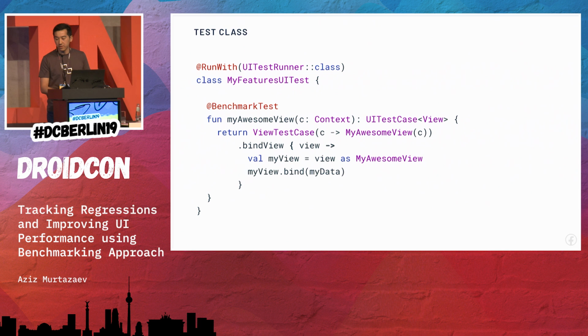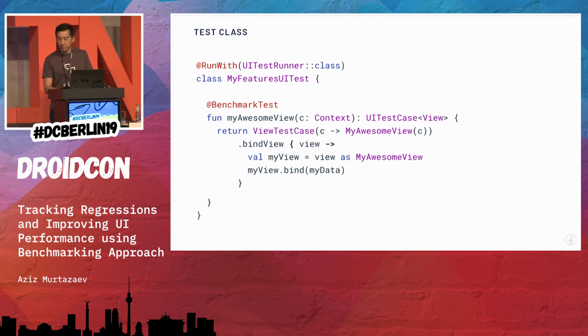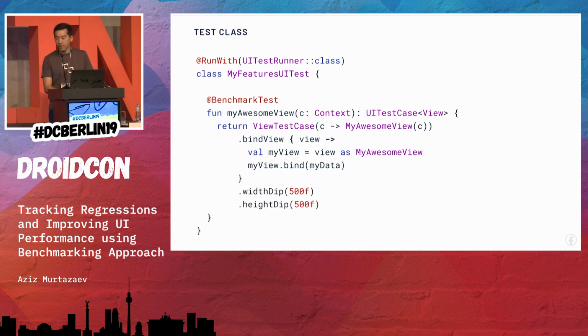It's also a lambda function that can bind your inflated or constructed view to whatever data you provided. And then there are dimensions. So basically, this is capturing information about how your view is structured and how it's bound. So we are not yet testing anything here. All the meaty part is happening inside the test runner itself.